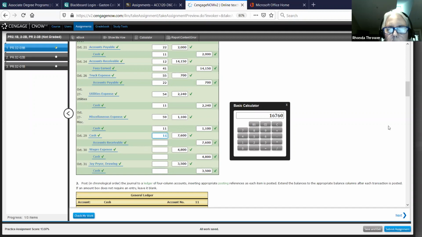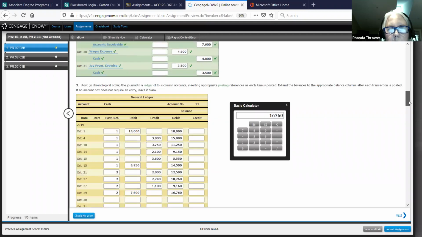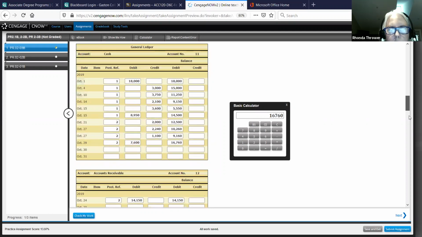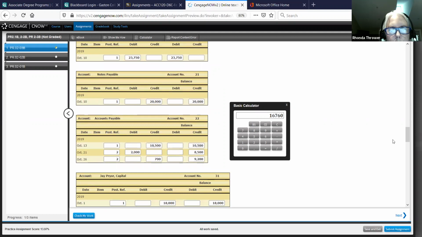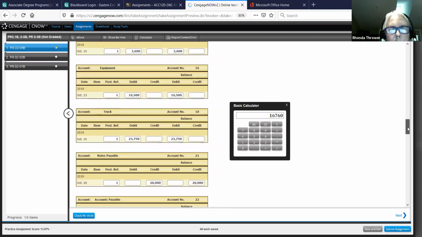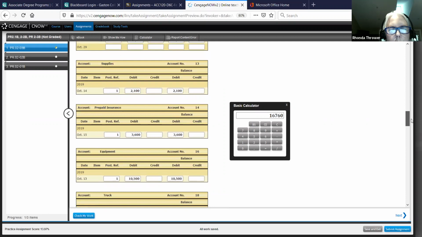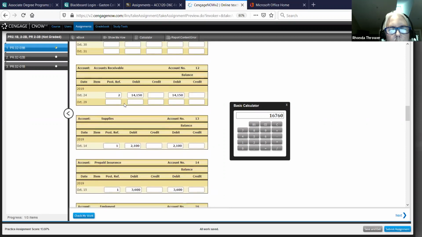And then I'm going to move to my accounts receivable, and I'm going to credit that for $7,600. And then I'm going to subtract, because when you credit accounts receivable, you're crediting an asset, you're reducing the balance.